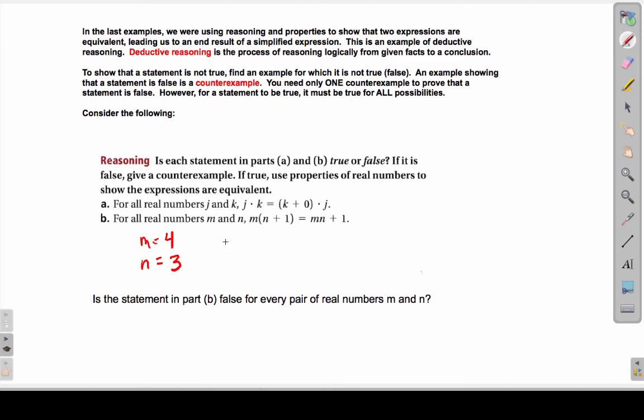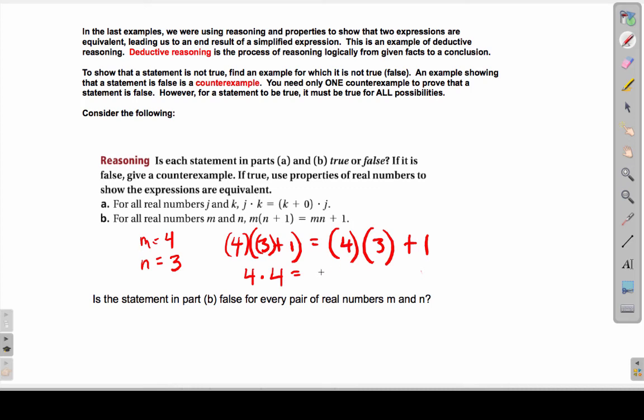If m is 4 and n is 3, we evaluate this expression, we'll have 4 times the quantity 3 plus 1. Again, I'll put my values I'm substituting in parentheses, equals, put 4 in for m, 3 in for n, plus 1. Order of operations, I'm going to do 3 plus 1 first, so I'll have a 4 times this parentheses. I get a value of 4 in that parentheses.